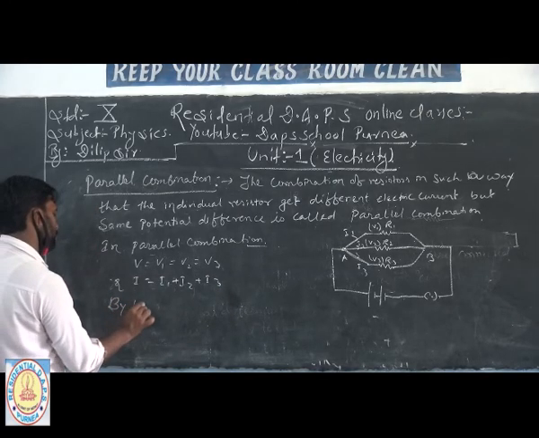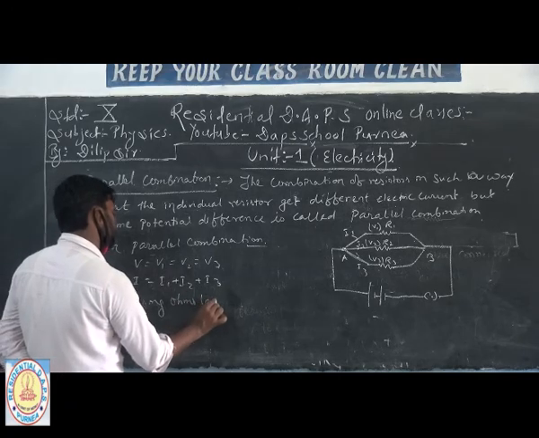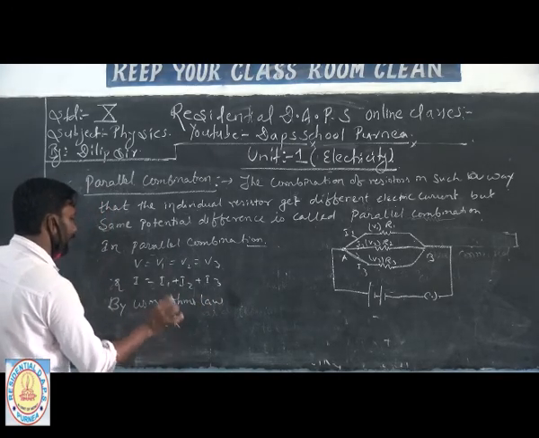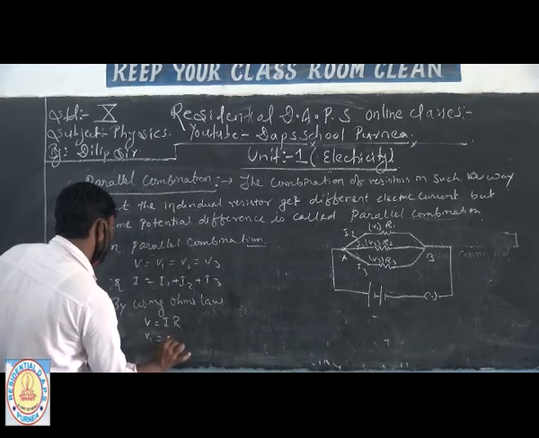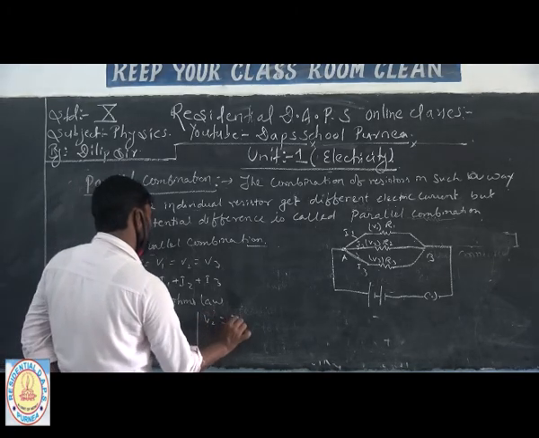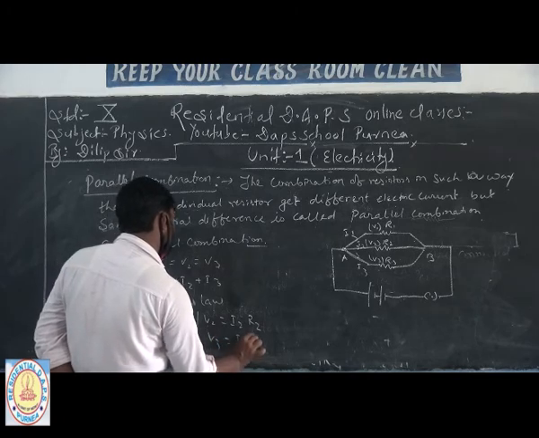By using Ohm's law, again V equals IR, where R is the equivalent resistance. V1 equals I1 R1, V2 equals I2 R2, and V3 equals I3 R3.